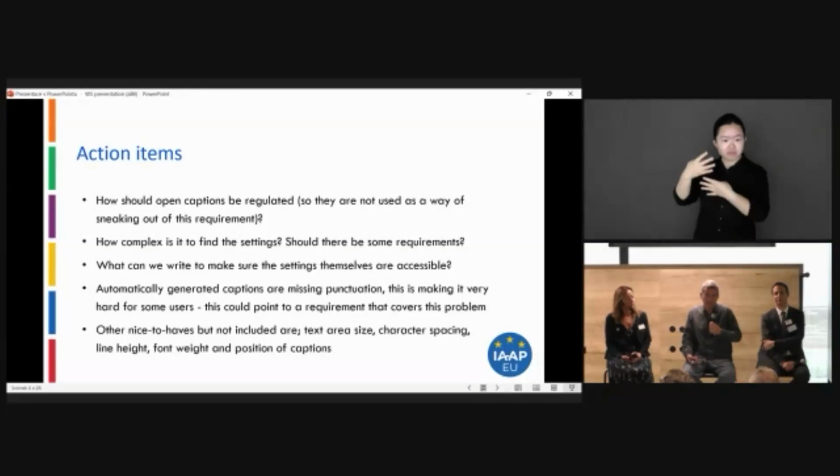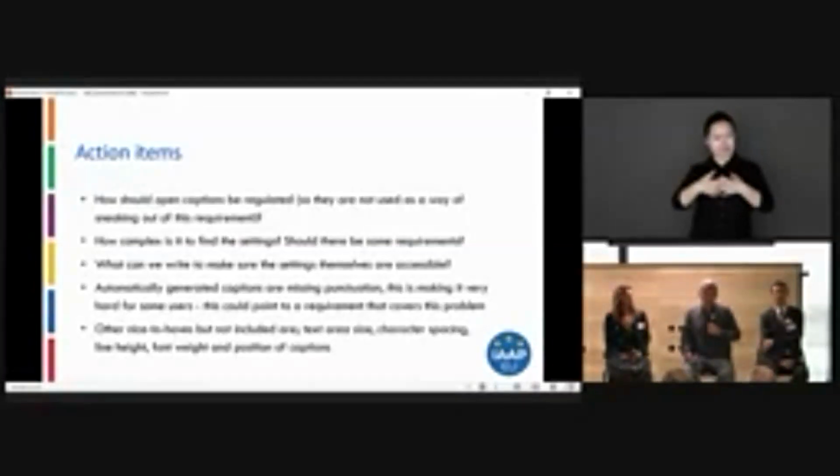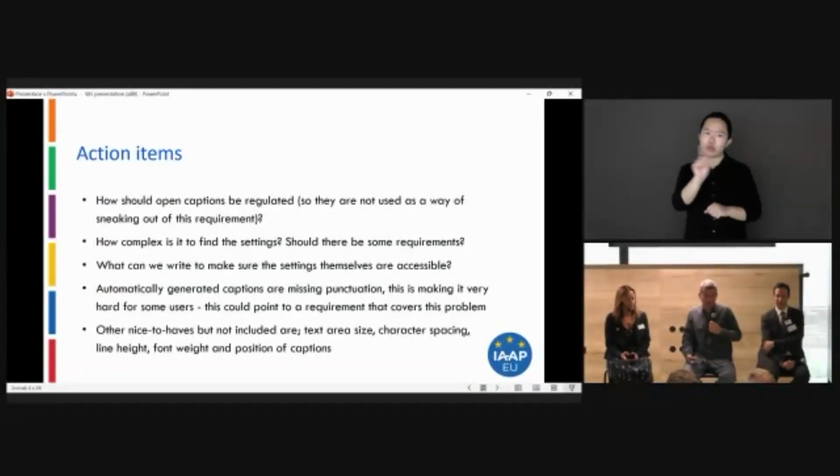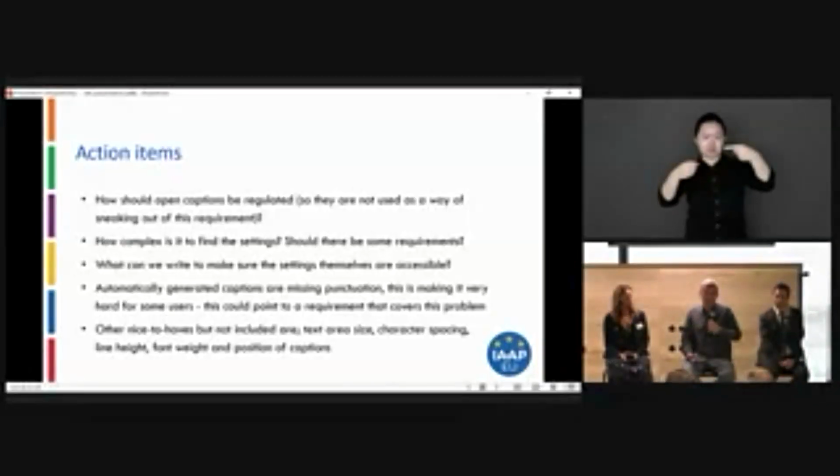Often you have captions which are very hard to understand because the way the software turns speech into text creates lots of errors. Other things that would be nice to change would be text area size, character spacing, line height, font weight, and so on. But that's something that may not always be possible with common technology now, whereas the things that the group picked, like font size, are all things that you can change in something like the YouTube video player. So it's doable today.